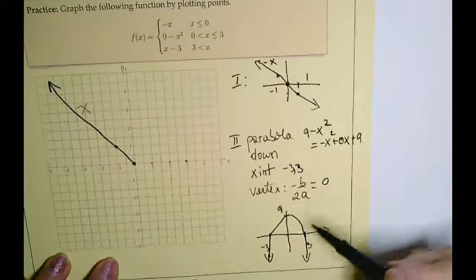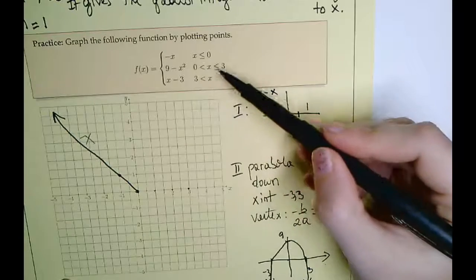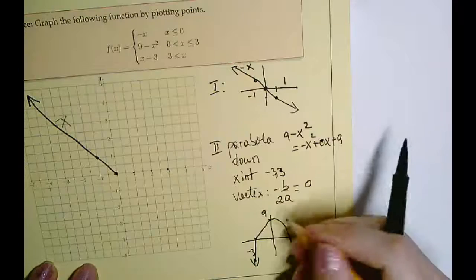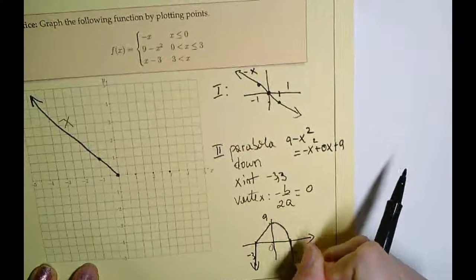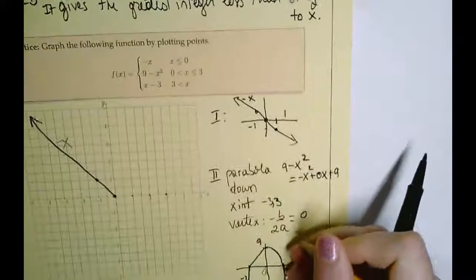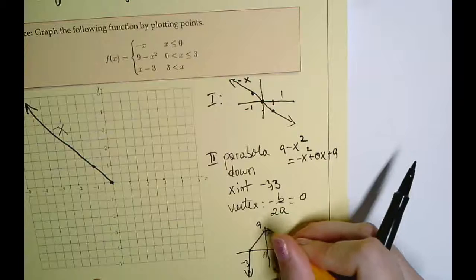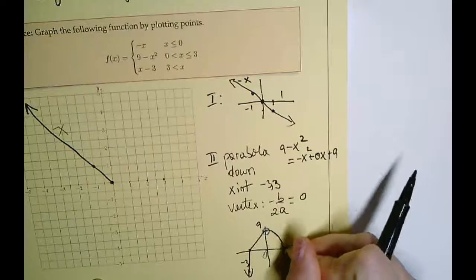But I'm only interested in the portion between 0 and 3, not including 0, but including 3. So I'm only interested in this portion of the parabola. But I'm not including the value for when x equals 0. So I'm going to have an open circle when x equals 0 and a full circle when x equals 3.